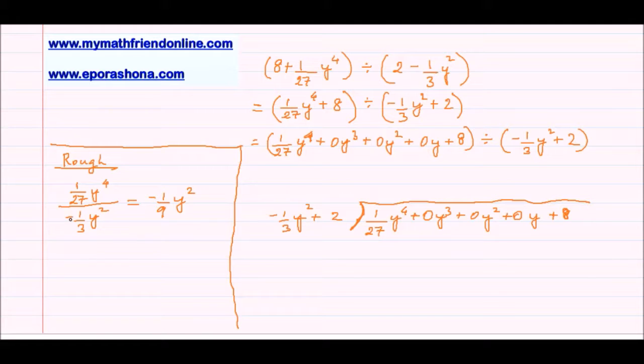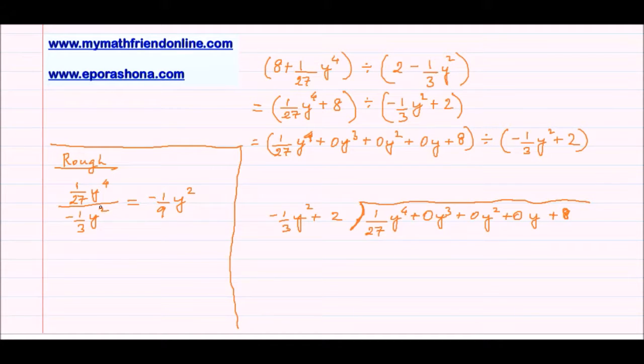There's this minus sign in the denominator which will be coming over here, and this is 1 by 3, so this will be going to the numerator part, and this will be coming down 27. So 3 divided by 27 will be giving us a 1 by 9, and y to the power 4 divided by y square will be giving us a y square.